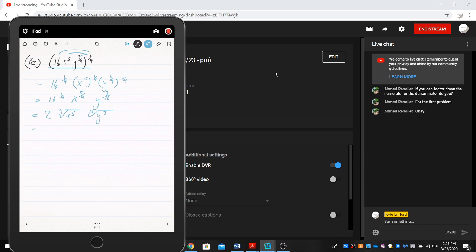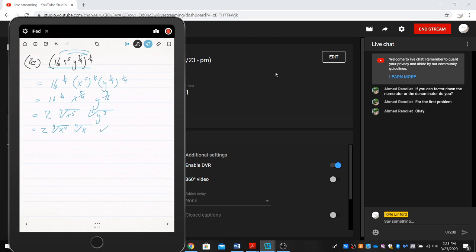In the first radical, we have x to the 5th, and we're trying to make groups of 4. So I'll take 4 of the x's in one group, and I'll leave one of them to the side here. Now when it comes to this term, I only have 3 y's. I'm trying to make groups of 16. So that's not really going to work out.